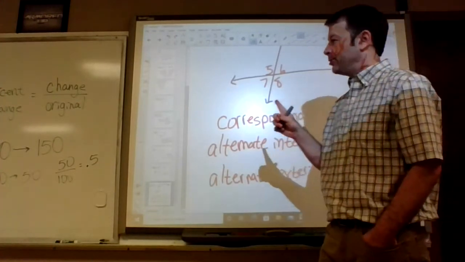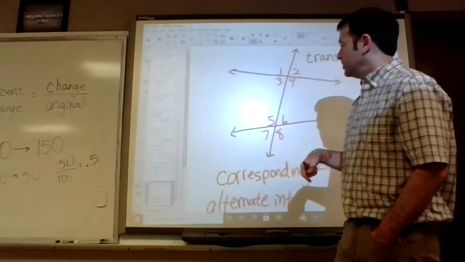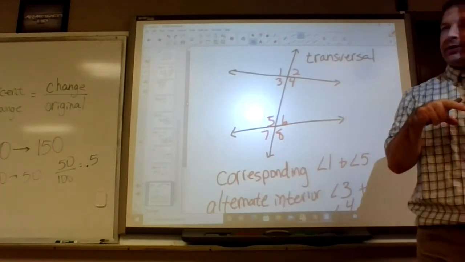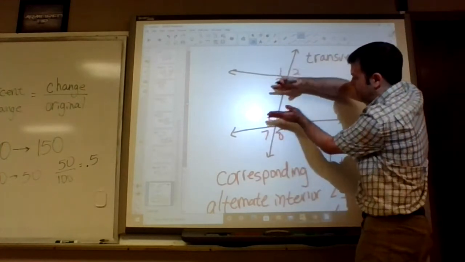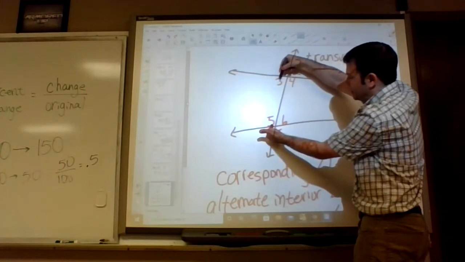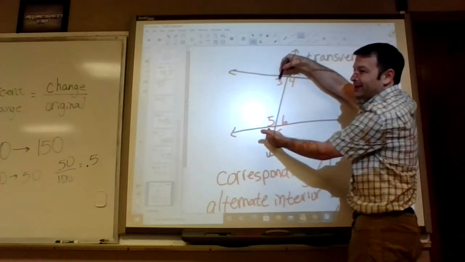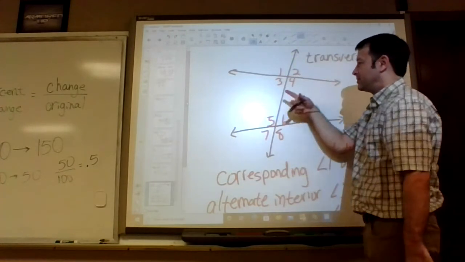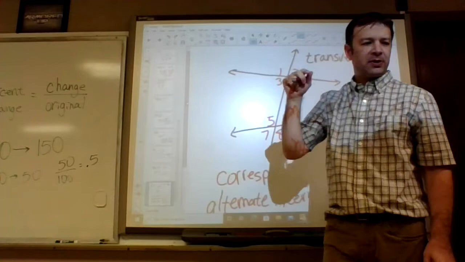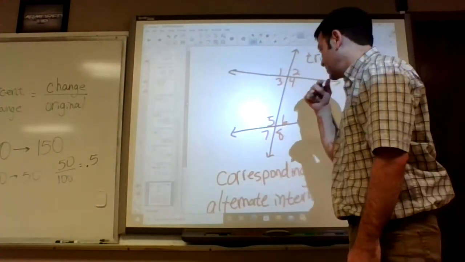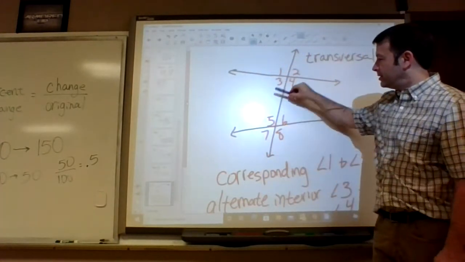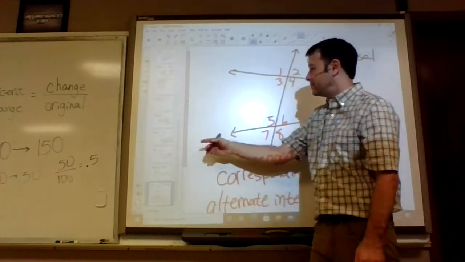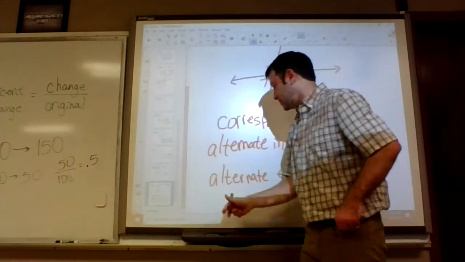We've got one more group that we need to talk about. Some books call this same side interior, which is 3 and 5, 4 and 6. This book calls it consecutive interior angles. They're inside, on the same side of the transversal. So 3, 5, and 4, 6 are consecutive interior.